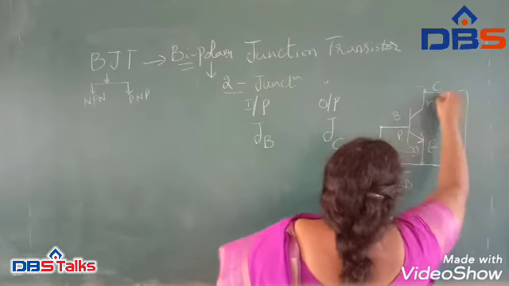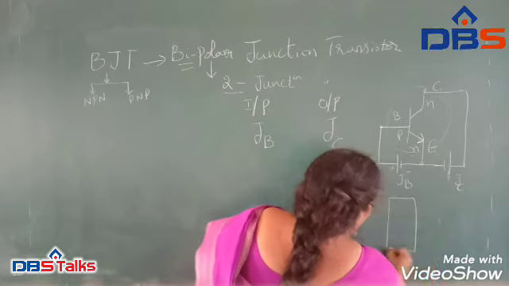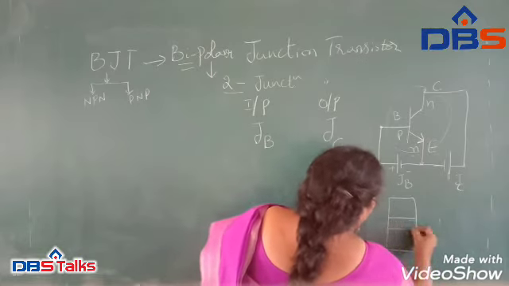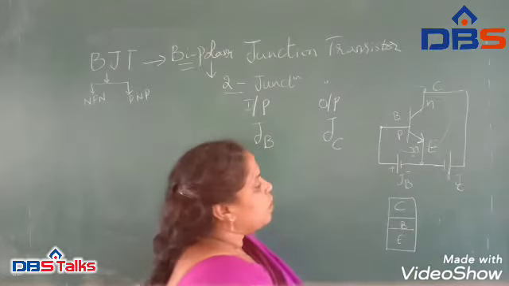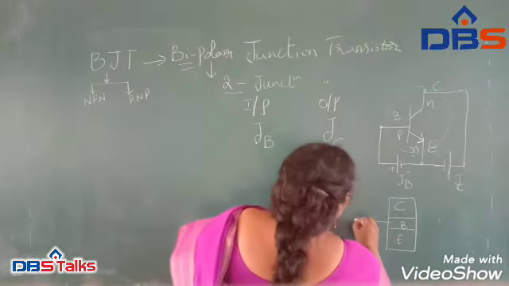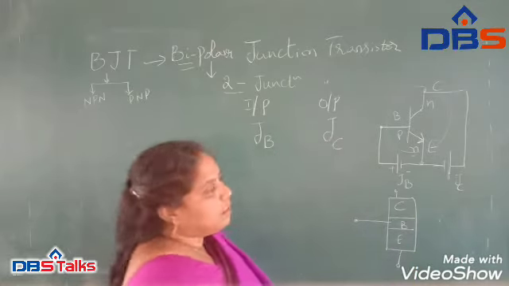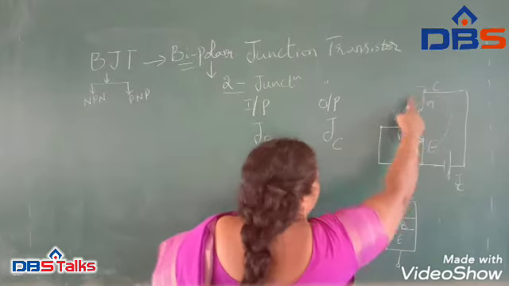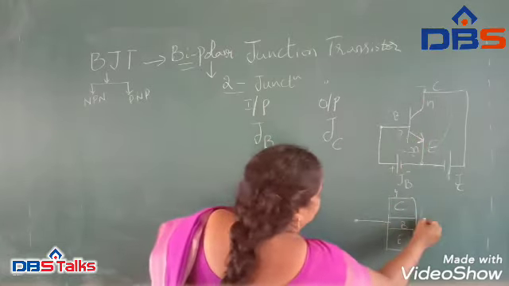How can we represent it in place of the transistor? I will take collector, base, emitter. This is one terminal, another terminal, third terminal. In place of the symbol, in the representation of NPN, this is one junction.